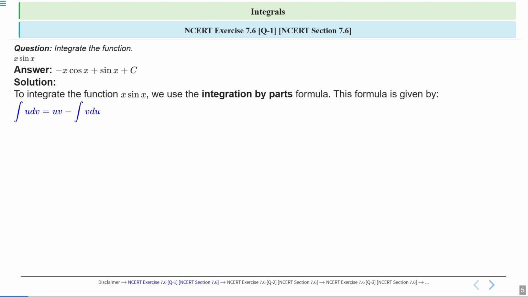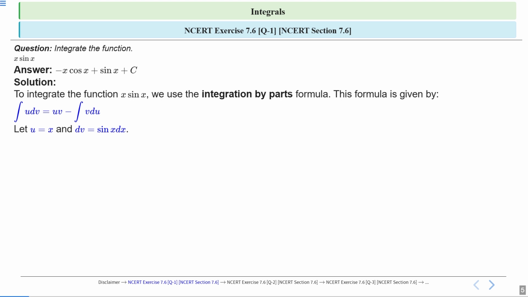So u can be taken as f(x) and dv can be taken as g(x) dx. So both formulas are the same. It is just a short form.